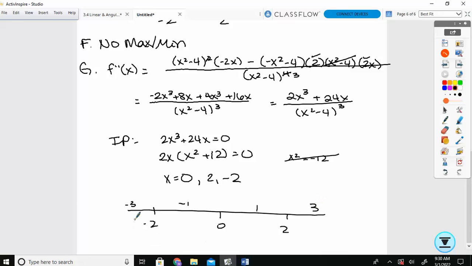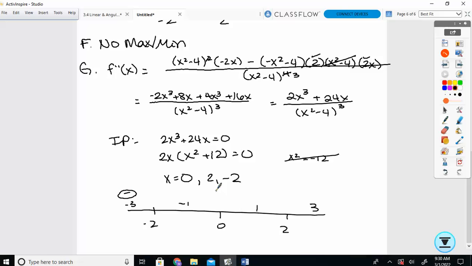So we have to do our sign line. If we plug in -3 in here, we would get a negative.